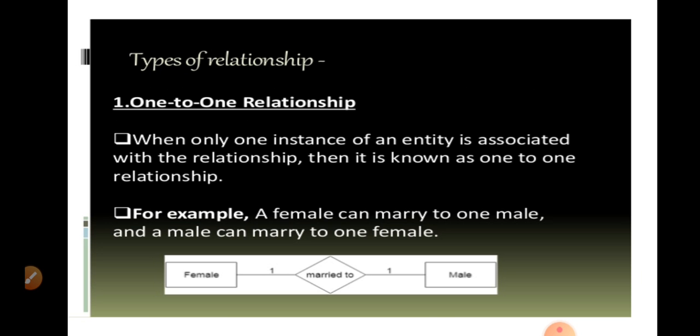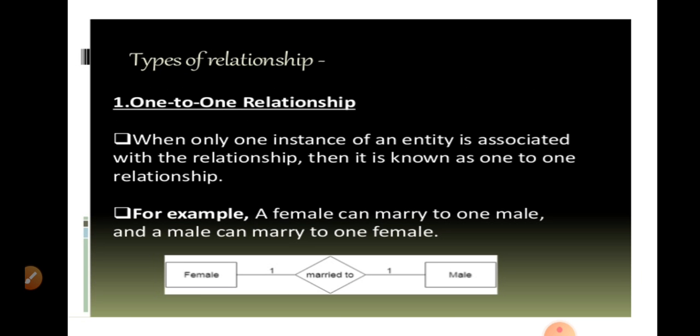First one is one-to-one relationship. When only one instance of an entity is associated with the relationship, then it is known as one-to-one relationship. Now we will discuss an example of one-to-one relationship. A female can marry one male and a male can marry one female.